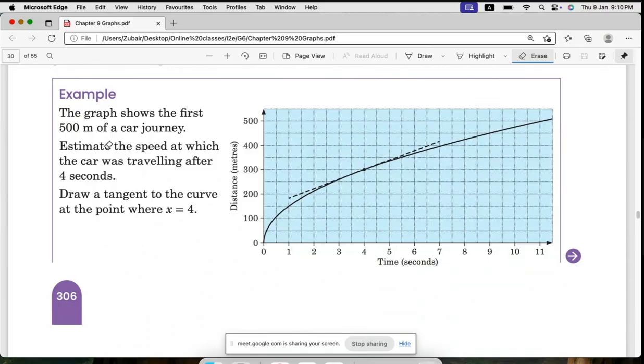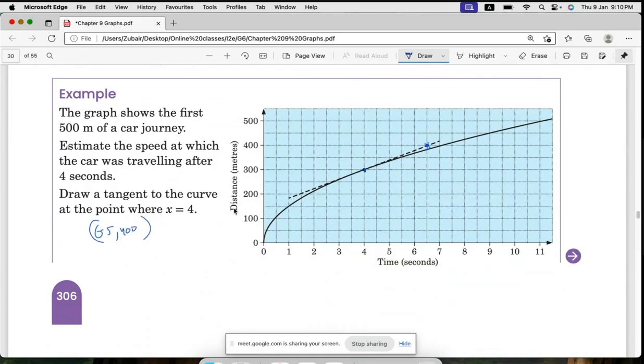For example, the graph shows the first 500 meters of a car journey. Estimate the speed at which the car was traveling after 4 seconds. So at 4 seconds, we just draw the tangent and we will find the gradient of this tangent. Use any two good points. I find this one: this is 6.5 and y is 400.